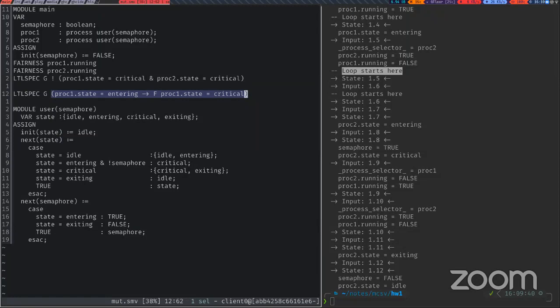Even if you assume that every process is given a chance, this is not okay, because you have created an ideal semaphore, and both processes are entering the critical section under the same condition.